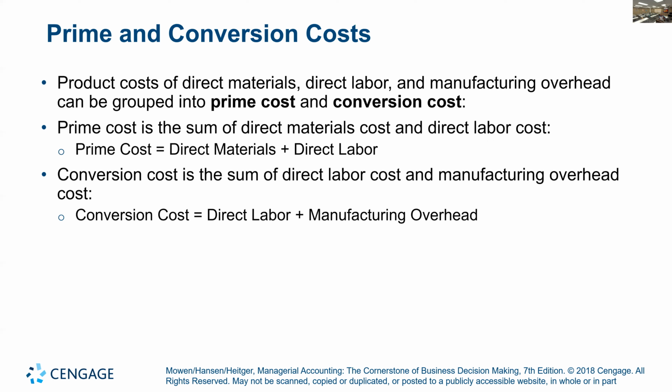It is the cost of converting direct material into the finished product. So your conversion costs are your labor and your overhead. It's good to know those conversion costs. There's a chapter I'm leaving out where this is very, very important. And it's definitely very important to know these when you get into your intermediate classes. All right.